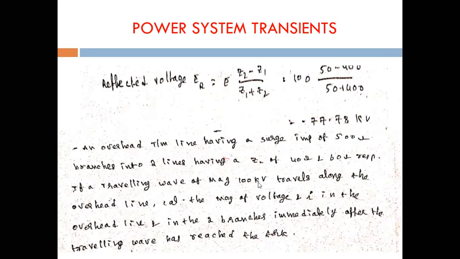If a traveling wave of magnitude 100 kilovolts travels along the overhead line, calculate the magnitude of voltage and current in the overhead line and in the 2 branches immediately after the traveling wave has reached the junction. This is the given problem.